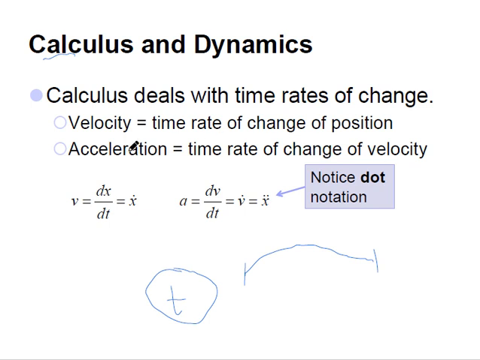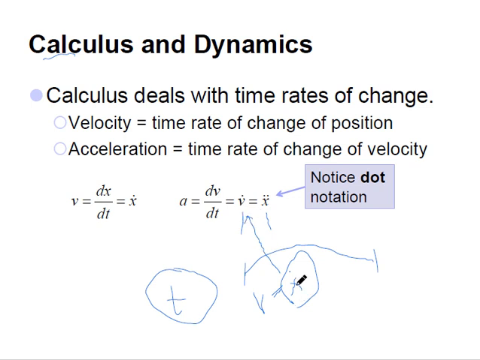Velocity is the time rate of change of position. So v equals x with a little dot above x, and you plug this into there.